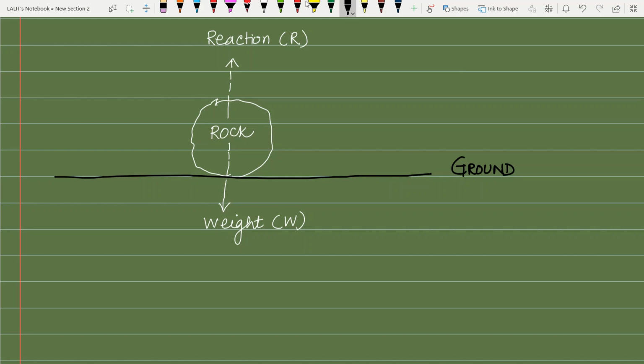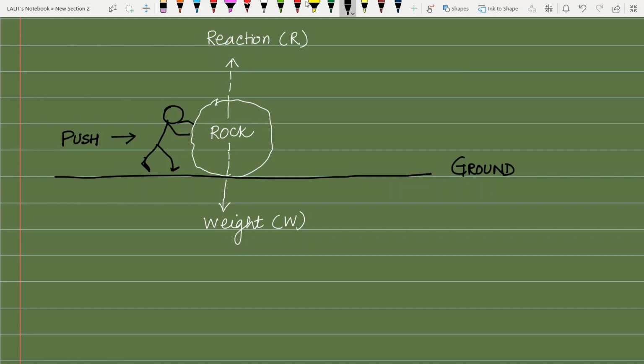So if you want to push this rock, you are trying to push this rock by applying some force. You are giving a push to the rock.